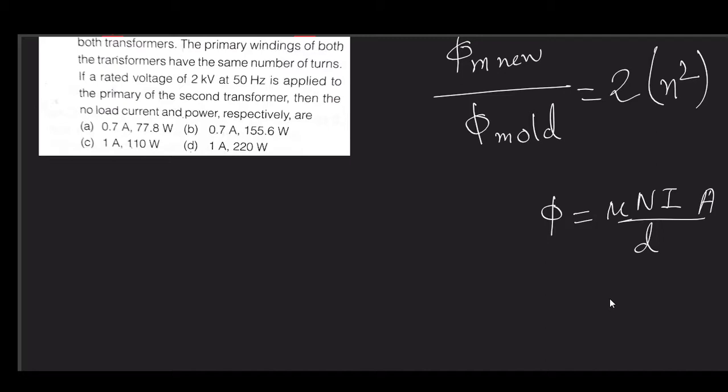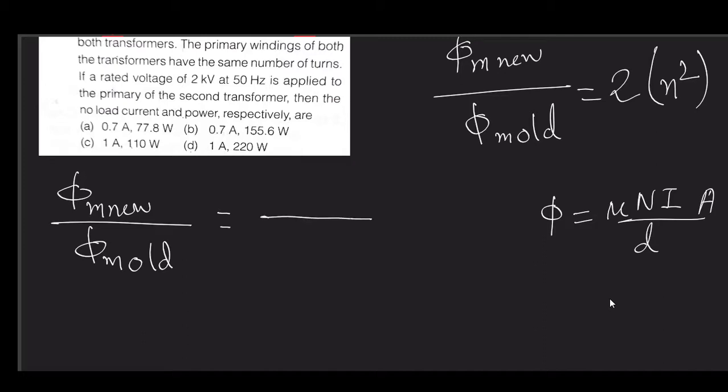Now see what we are getting here. Phi m new by phi m old is 2. However, what about here? Mu and N, here mu will remain the same, N will remain the same. So our question is the magnetizing current.